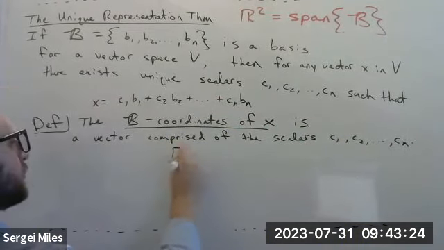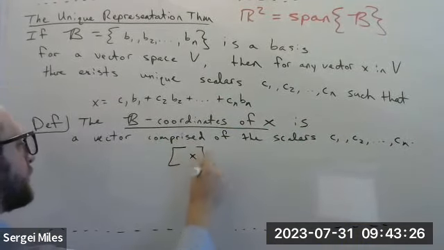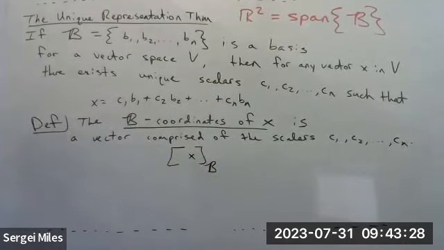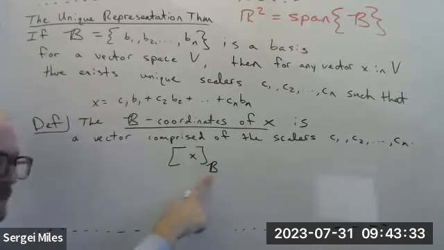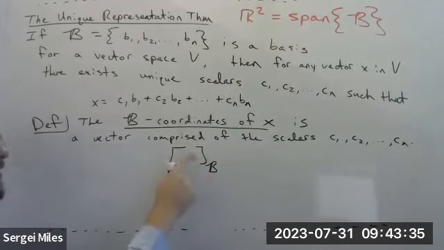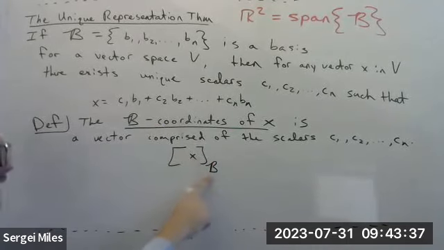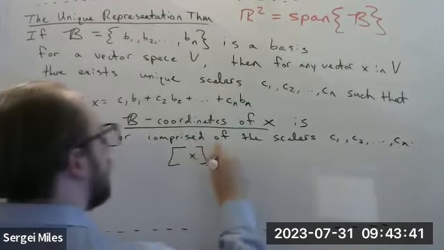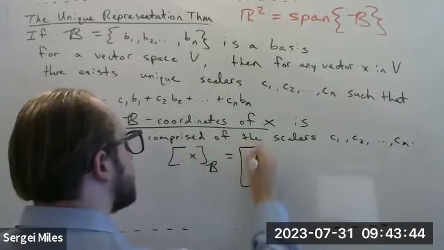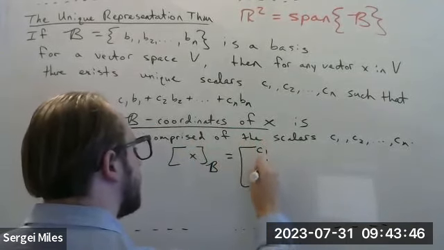So we use this notation where we have x in brackets with subscript b. This is saying x in terms of this basis b. Or in other words, this vector rewritten as a combination of the basis b. This is saying, what are those scalars that make the linear combination happen?